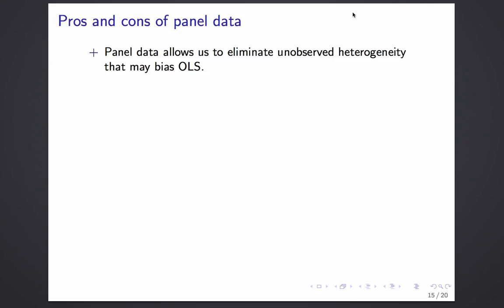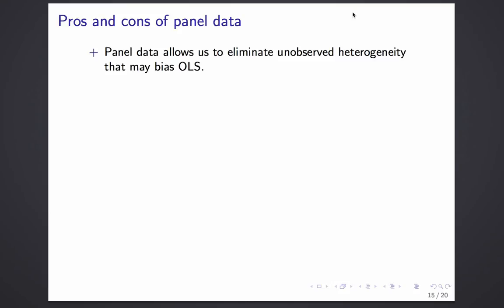Thank you. Okay, what are the pros and cons of panel data? Well, as we've just seen, panel data allows us to eliminate unobserved time-invariant heterogeneity that may otherwise bias OLS if we just used purely cross-sectional data. Or in other words, we know that when we work with cross-sectional data, firms, individuals, or countries are very different both in observable ways and unobservable ways.